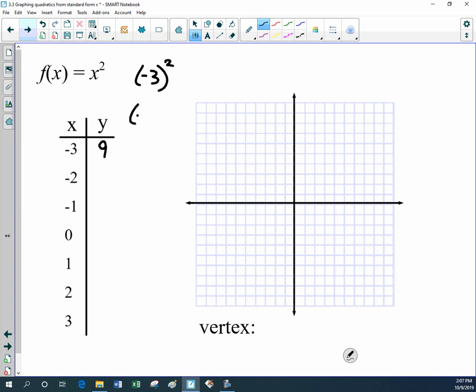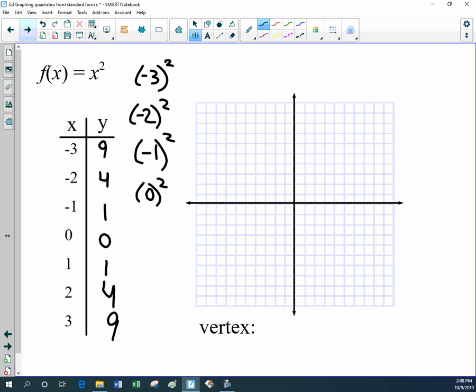If I plug in -2, -2 squared, so -2 times -2 would be a +4. -1 squared, so -1 times -1 would be a +1. If I plug in 0, 0 times 0 is 0. If I plug in 1, 1 squared would be 1, 2 squared would be 4, and 3 squared would be 9.